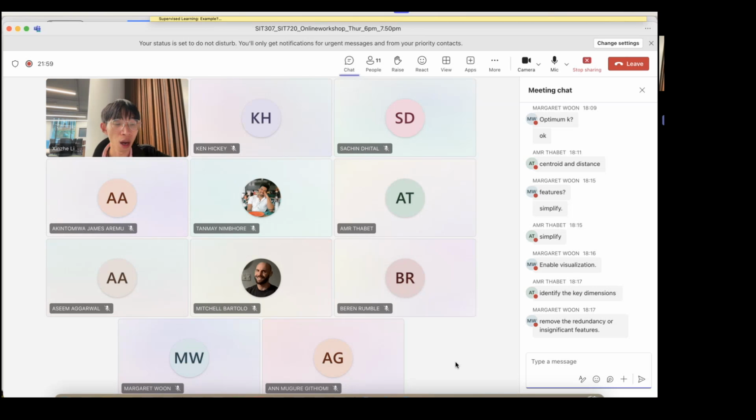For certain machine learning algorithms, like distance-based ones, why will reduced dimensionality be beneficial? My answer is it's because of the curse of dimensionality. I think I mentioned it in previous weeks. I don't remember, but anyone know what's the curse of dimensionality?